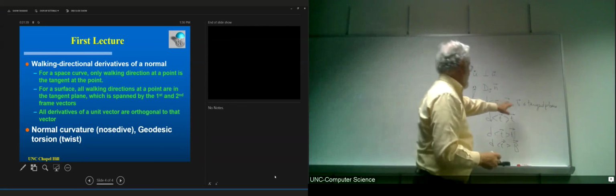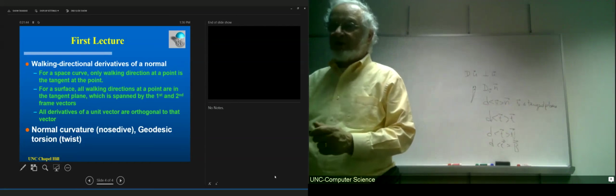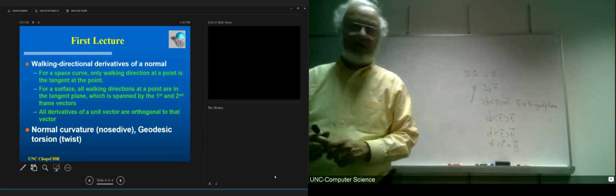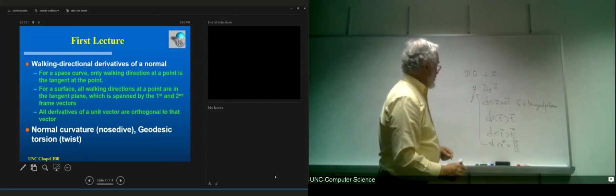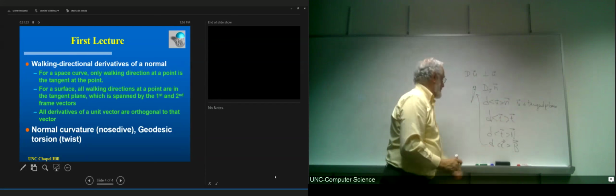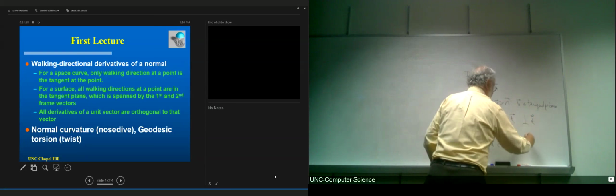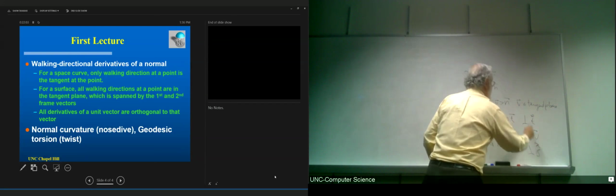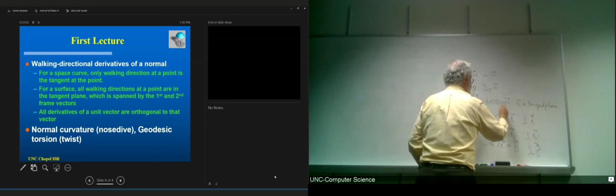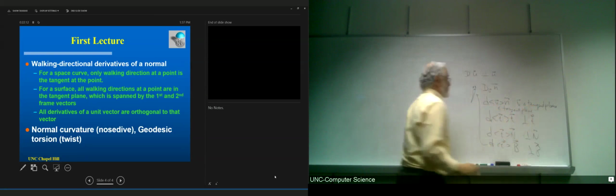And therefore, v is a whole circle of possible walking directions, right? But every single one of these is going to be normal to the thing it's taking the derivative of. So this is going to be orthogonal to t, and this thing is going to be orthogonal to n, and this thing is going to be orthogonal to b, and this thing is going to be in the tangent plane at that point, right?